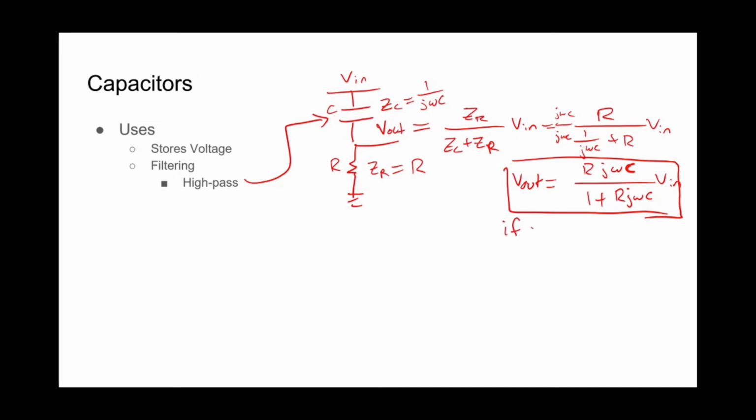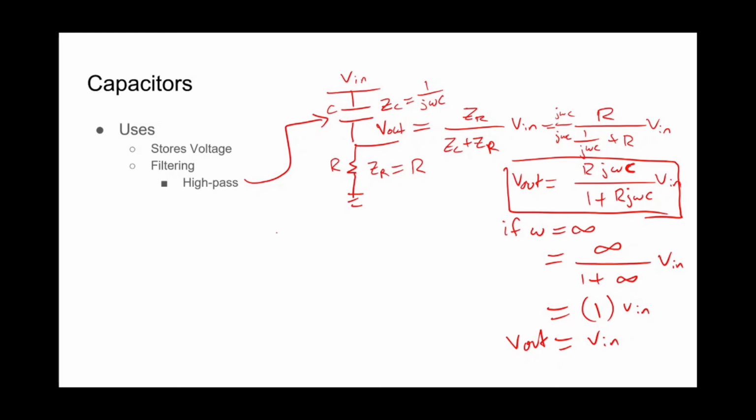If omega is very, very large, say infinity, then we have infinity over 1 plus infinity times V in, which, for you non-math folks out there, is just 1 times V in, so V out equals V in. This is little to no attenuation, which is why it's a high pass filter.